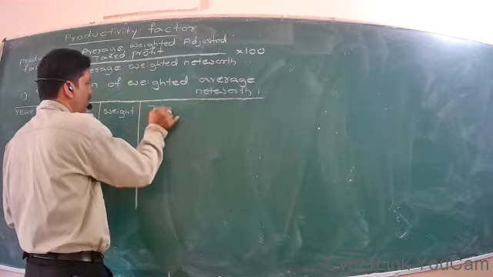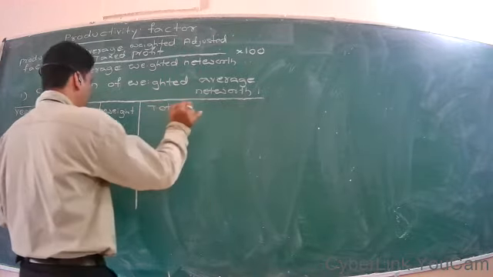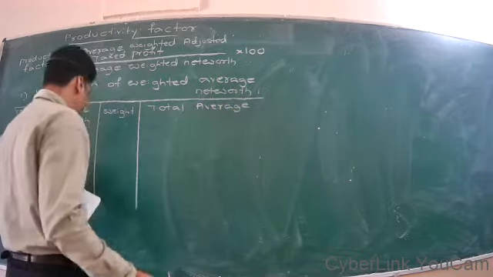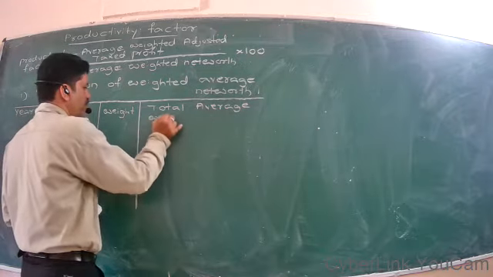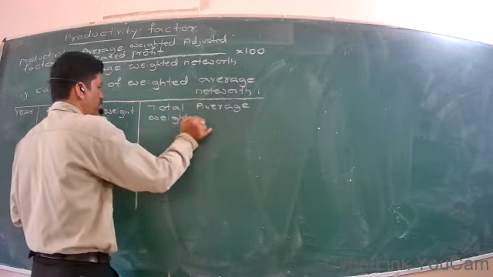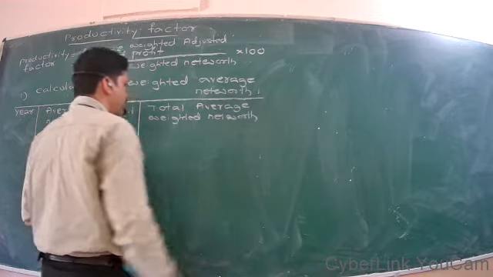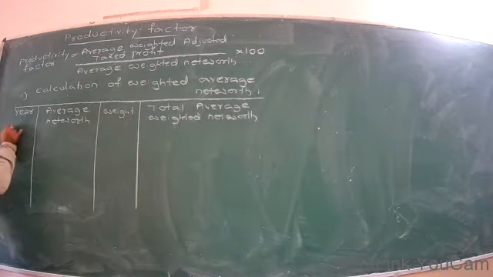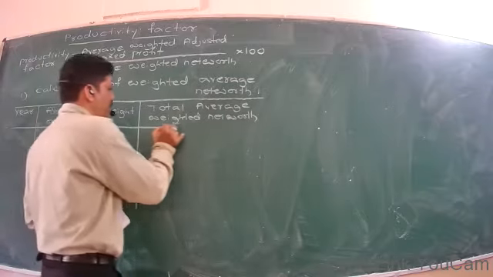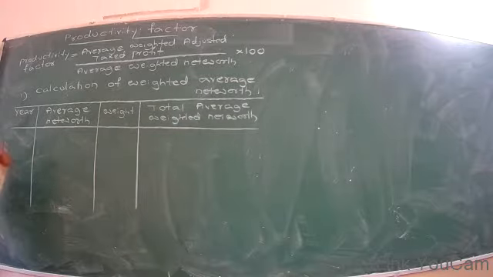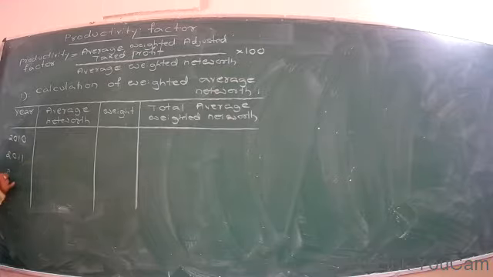In the last column, total average weighted net worth. So like this we will make the columns. And the years: 2010, 2011, then 2012.